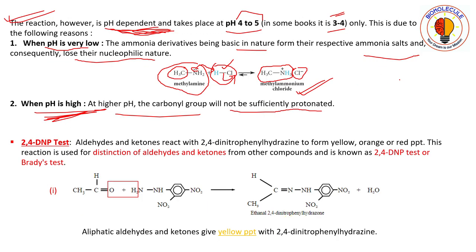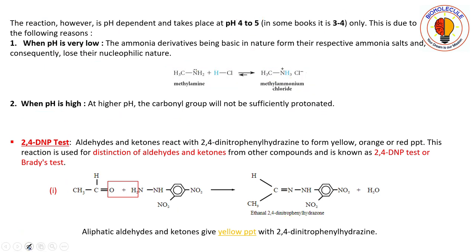In both cases, that is if the pH is high or if the pH is very low, we will not get any final product, that is, the reaction will not take place. So the reaction is pH dependent and we have to maintain a certain pH value, that is 4 to 5 or 3 to 4 in some books.